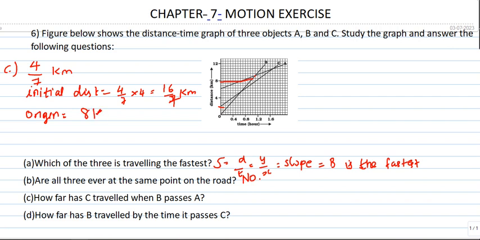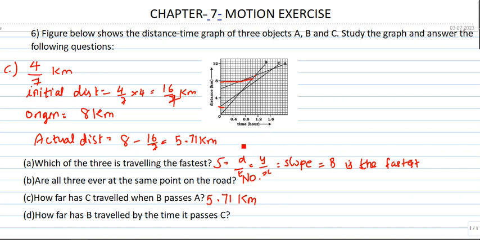But what we have to do is we have to subtract this initial distance, which is 16 by 7. So the actual distance C has travelled when B passes A is this 8 minus the initial distance 16 by 7, which comes approximately to be 5.71 kilometers. So answer for this one is 5.71 kilometers.